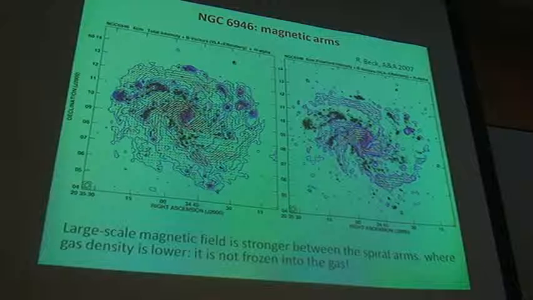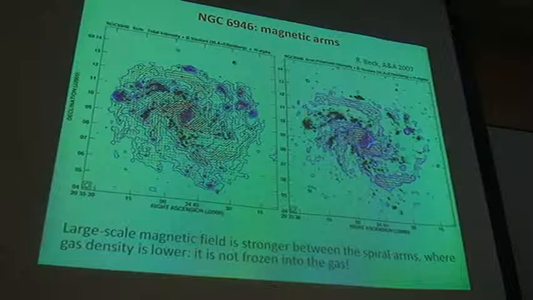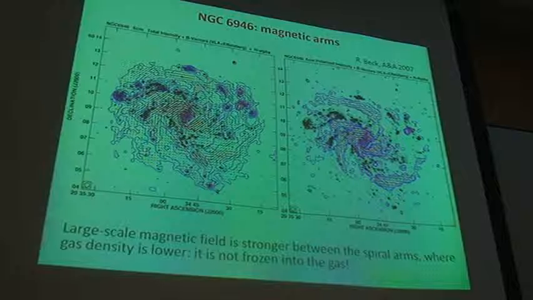So this is the point. If it's frozen into the gas, it must rotate differentially. The spiral pattern rotates as a solid body. These are waves. How come they are so perfectly organized with respect to each other? Yes, exactly. The magnetic energy of the field line is increasing, yes. Still, this will rotate faster, this will rotate slower.